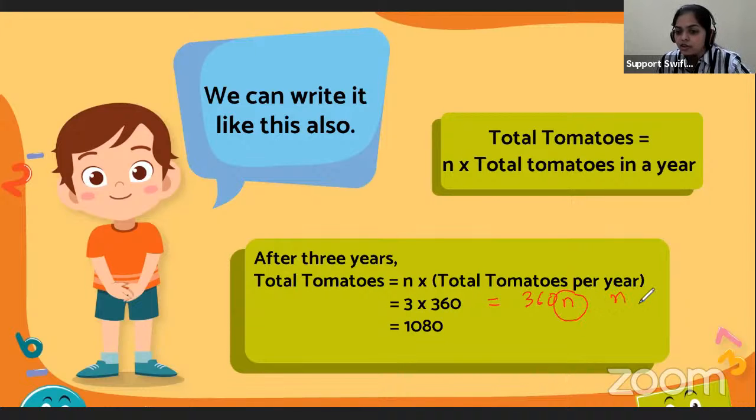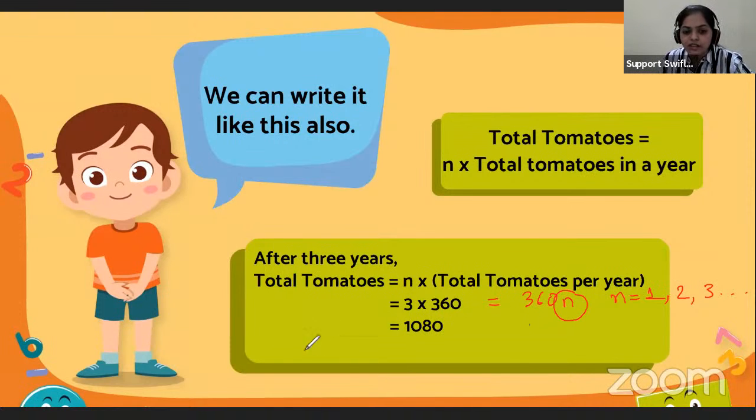We can take the value of n depending upon the year. We can take the value as 1, or 2, or 3, depending upon the year. So after 3 years, the number of tomatoes will be n into 360, and here n is 3, so you will get 1080. And what about the second year?